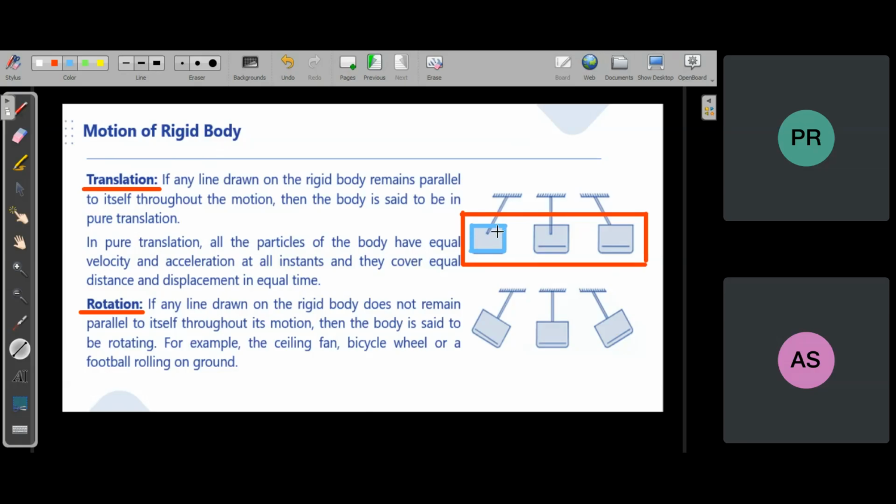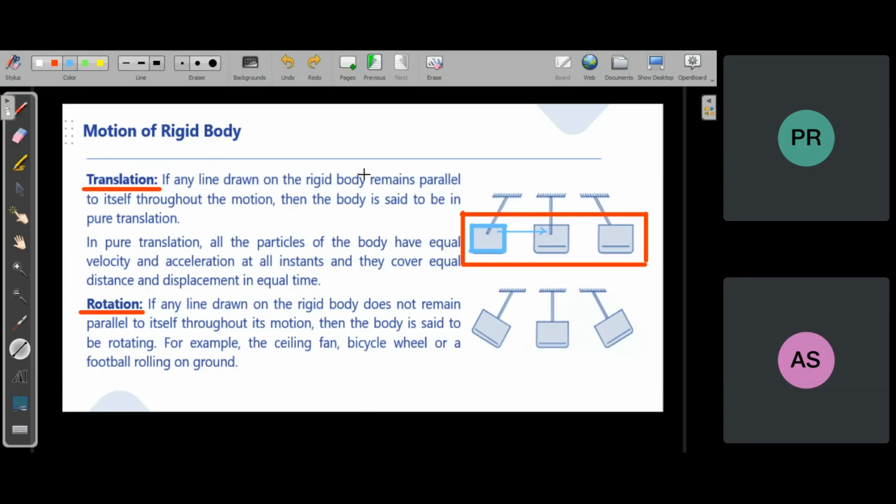So here you can see that if one particle is going from here to here, the second particle of the body is also doing exactly the same displacement in the same time and following exactly the same path. If one is going in a straight line, another will also go in a straight line.